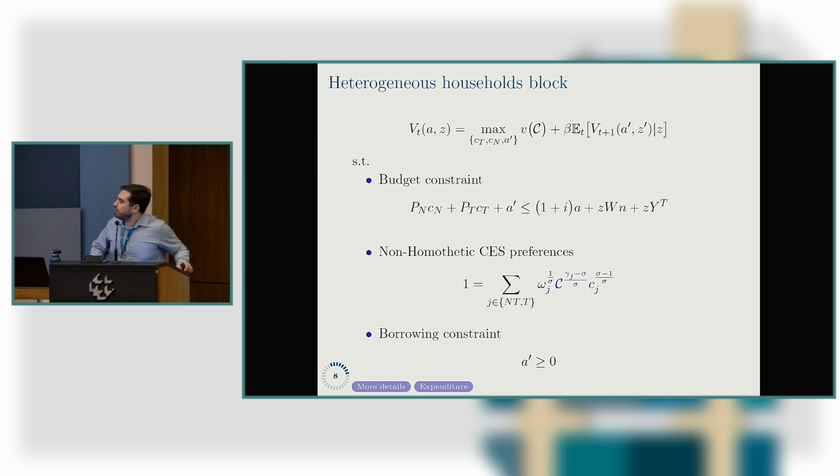And then there come the non-homothetic CES preferences, this is the summation. There is a weight, omega J, for non-tradable and tradable. And then this C is an implicit consumption aggregator that is defined by this parameter gamma J. This is an important parameter.